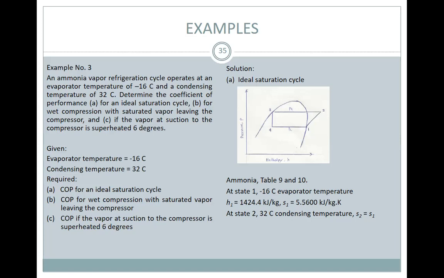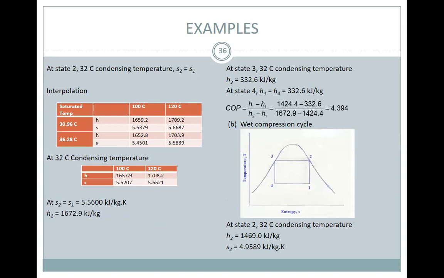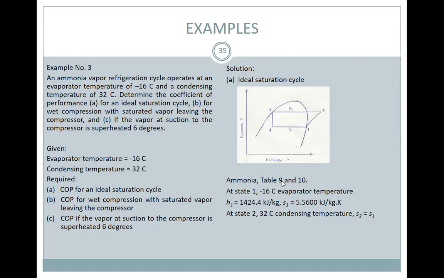A, ideal saturation cycle. Here is the figure. In your drawing, the vertical axis is the pressure, hot and cold, and the numbering is 1, 2, 3, 4, with states 1 and 3 saturated. For ammonia, use Tables 9 and 10 of any reference, and check it in your book.